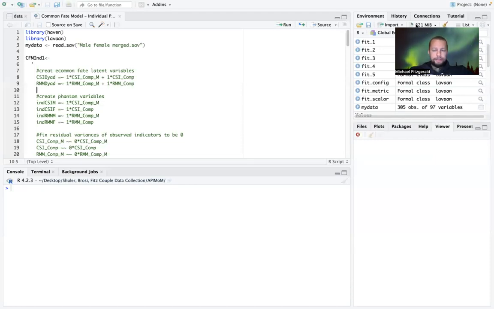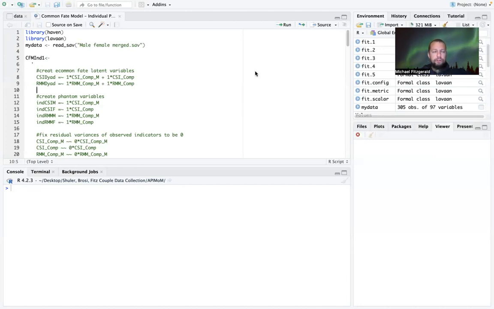And if you have seen those videos or you have some passing familiarity with the common fate model, this is an extension of that, where we will also model individual dynamics within the context of the common fate model.